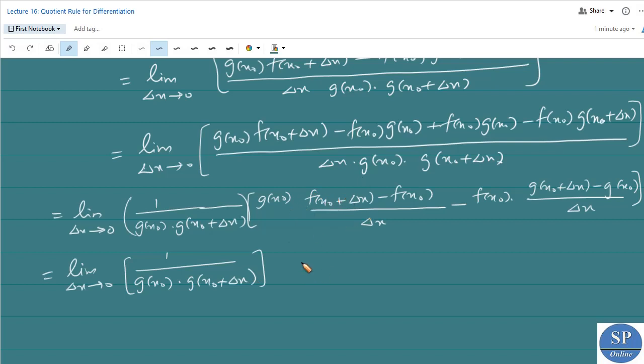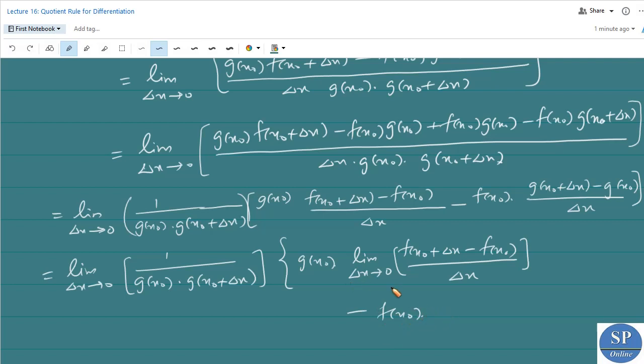The limit of this is nothing but g of x naught into limit delta x approaches 0 of f of x naught plus delta x minus f of x naught divided by delta x, then minus f of x naught into the limit of the g quotient, because f of x naught and g of x naught are constants, that is the value of f at x naught and the value of g at x naught, so these are independent of delta x.